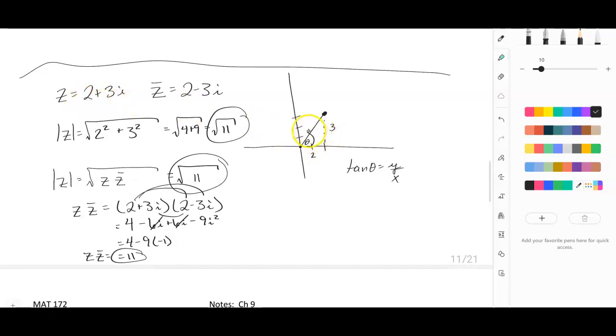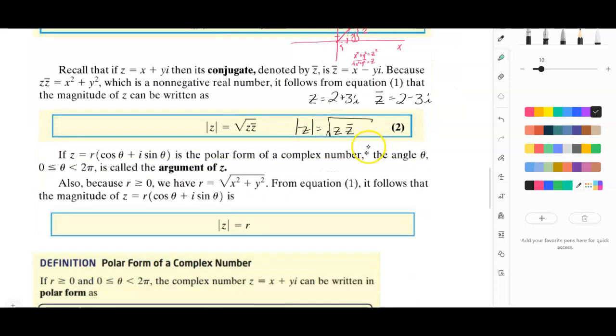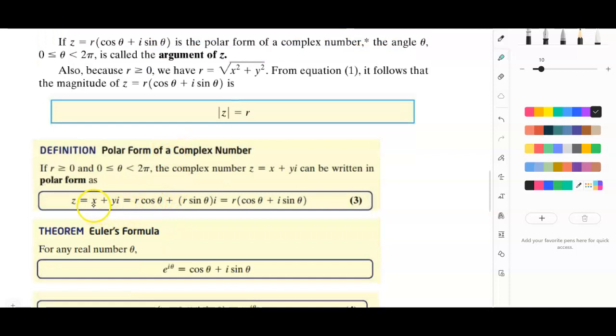If I know that theta value, then I can rewrite this point in the complex plane in polar form. We do that by finding the radius and multiplying it by cosine theta plus i sine theta. Because remember, x is equal to r cosine theta, y is equal to r sine theta, and if we factor that r out, we can rewrite it in terms of cosine and sine.